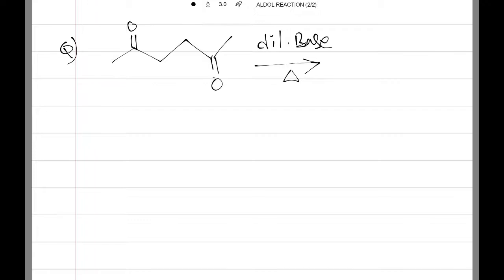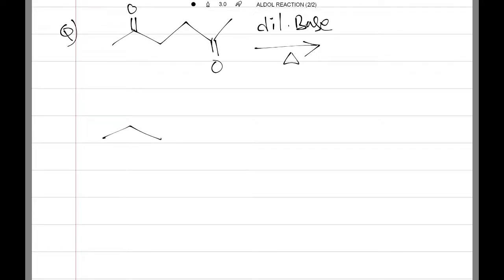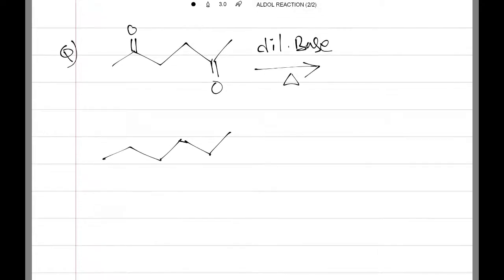As usual, what is the first step of the reaction? It is the removal of the proton from the alpha carbon. OH minus will remove the proton. From which carbon will it remove? We are having 4 alpha carbons right now. This is one alpha carbon, this is alpha carbon, this is also alpha carbon with respect to this double bond O group, and this is also alpha.